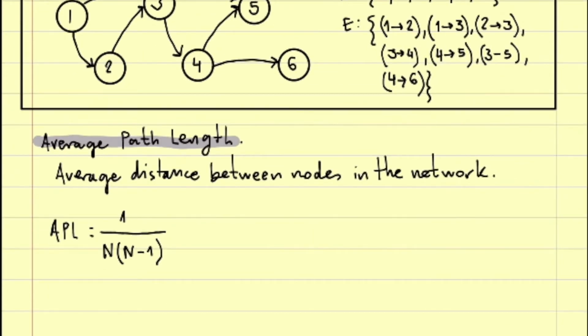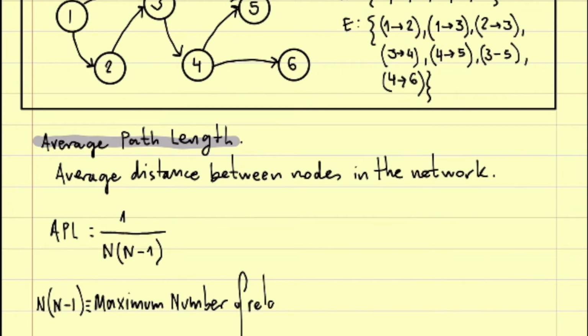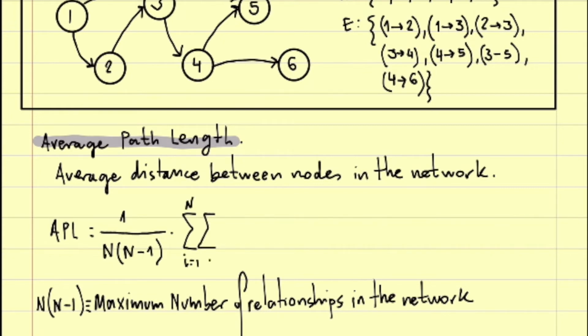This is the total, maximum number of relationships in the network, if the nodes don't communicate to themselves, times the sum of all paths between the nodes. Okay? All paths between the nodes.